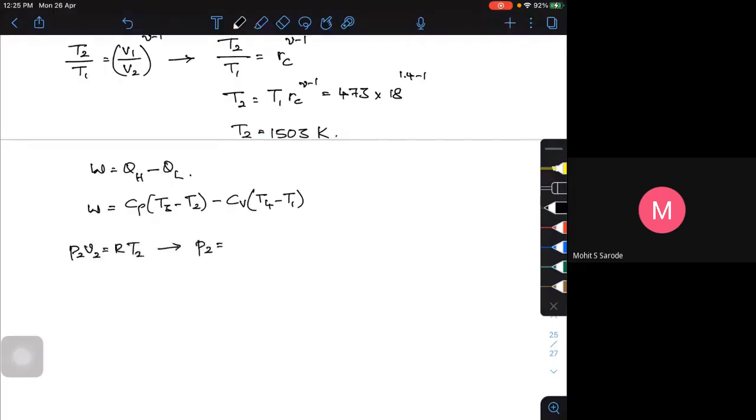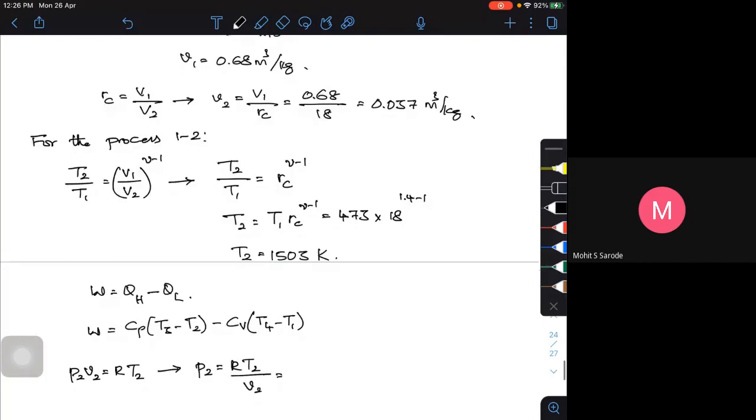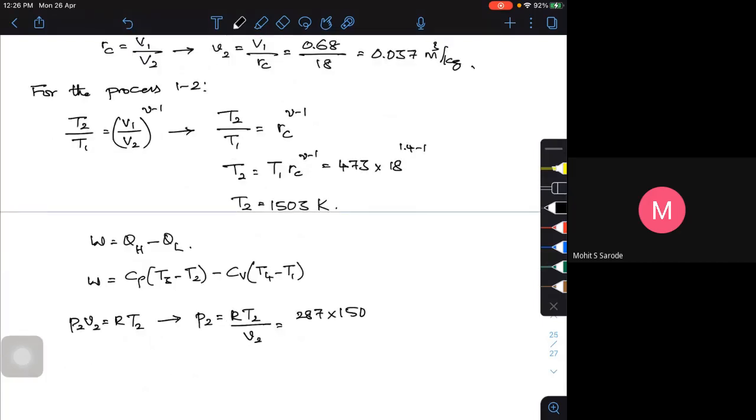Just now we have found V2 is 0.037, R is 287, so 287 into 1503 divided by V2, which is 0.037. So I can find the corresponding P2. 287 into 1503 divided by 0.037.